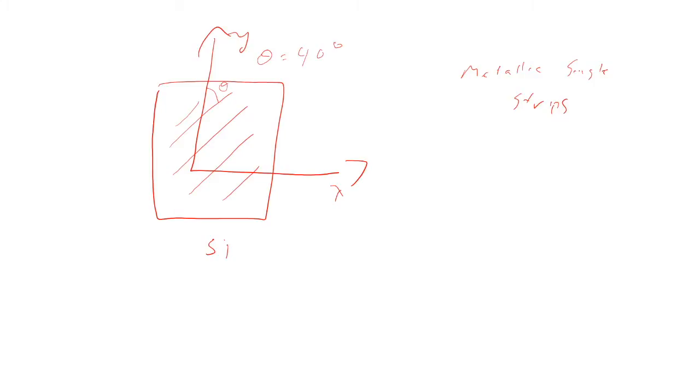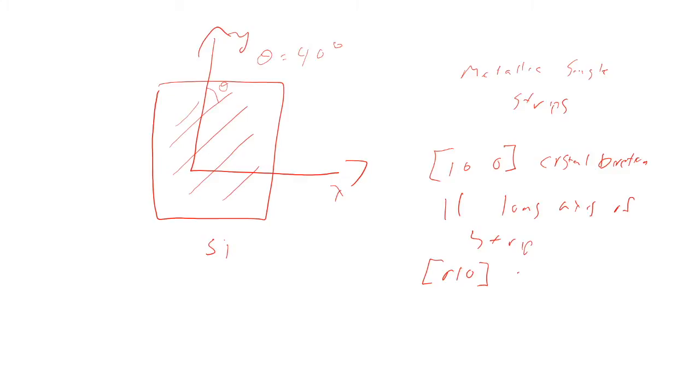And the crystal has the orientation where the 100 crystal direction is parallel with the long axis of the strip, and the 010 is normal to the silicon surface, right?